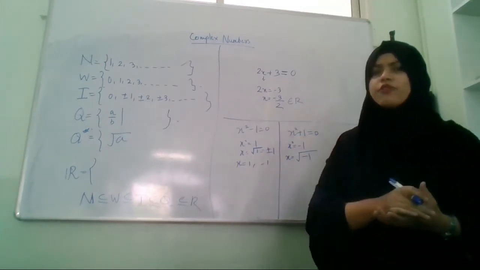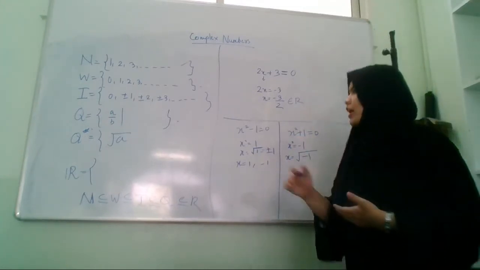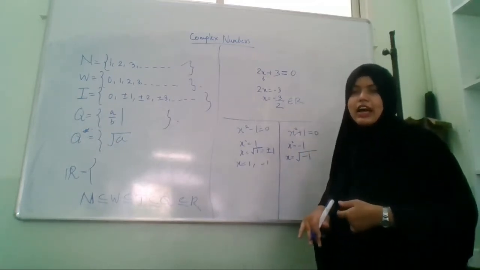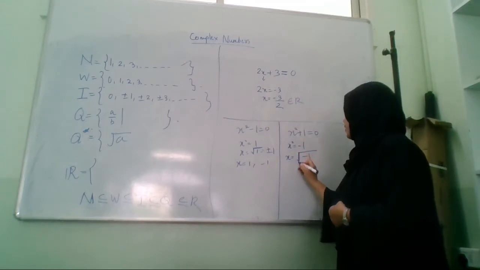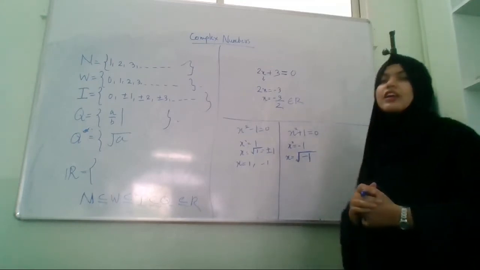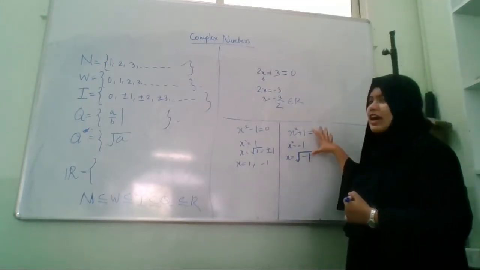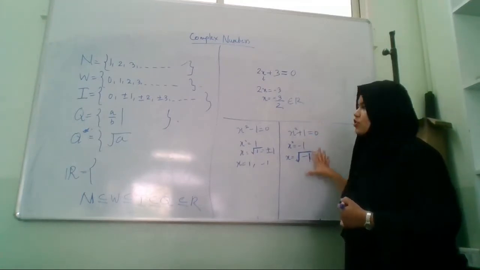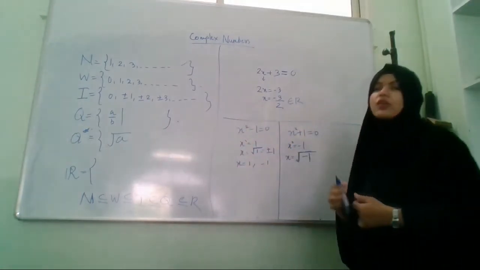So do you have any formula to find the root of negative numbers? No. Till now we haven't studied the square root of negative numbers. Here we have such types of equations which do not have a solution in real numbers.